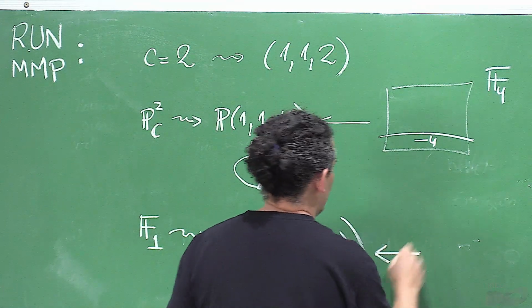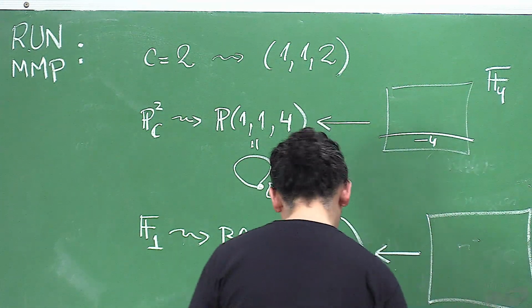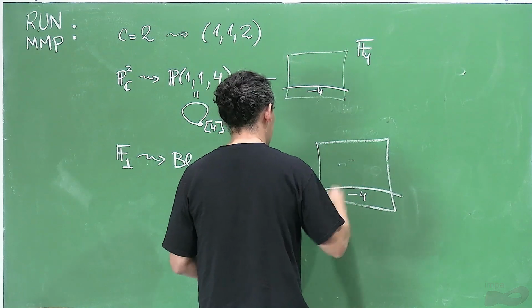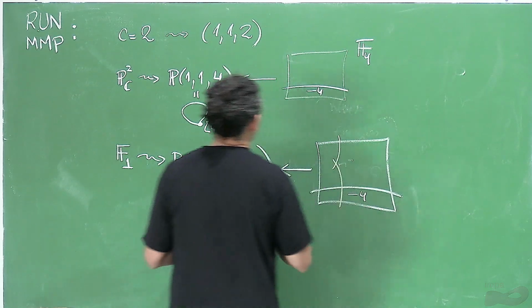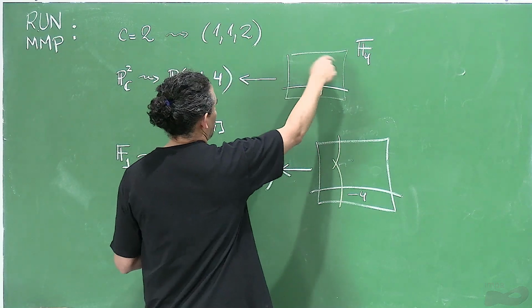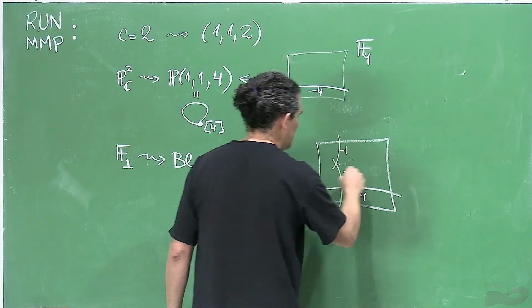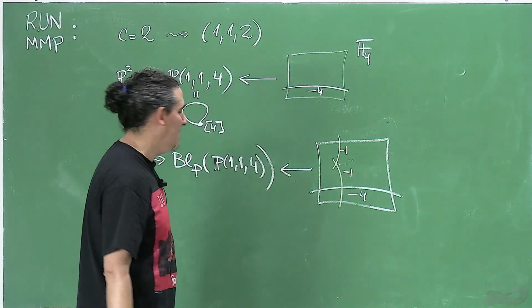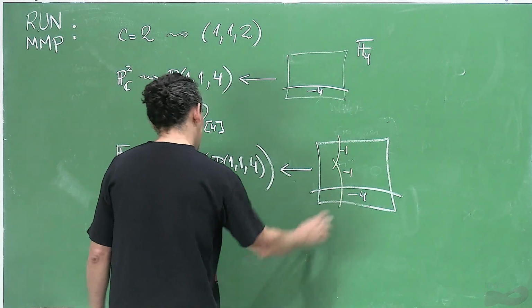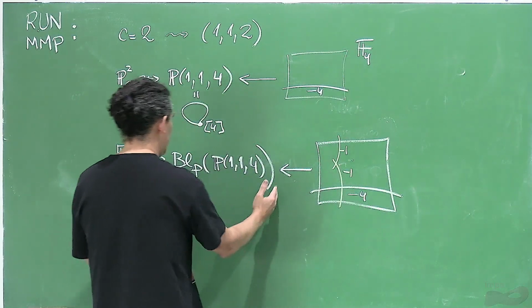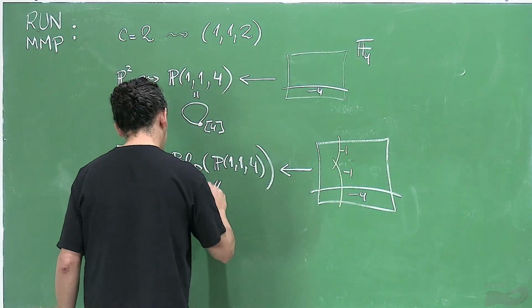So the picture is something like this, -4. And then this point is some point here. So when I have the blow up, I have a -1 curve and a -1 curve. So you see the picture, right? Now in this situation, of course, this is the minimal resolution. This is my W.